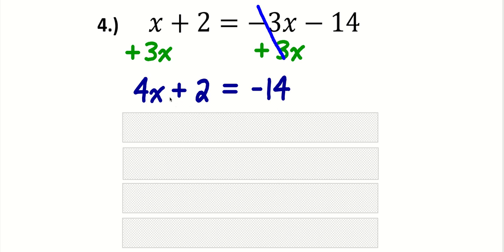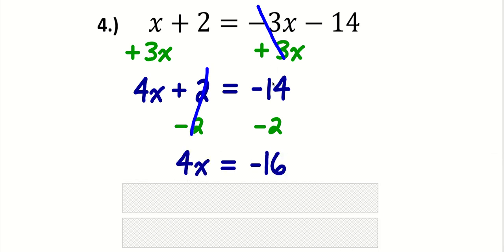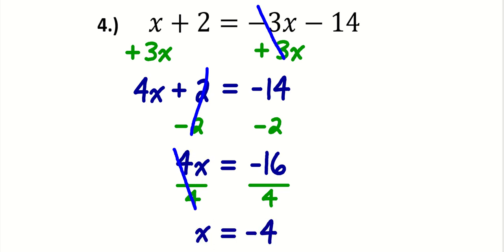And then once again, now you're just going to work on getting that x all by itself. Then negative 14 minus 2, that's minus 16. And then of course we're going to finish by dividing both sides by 4, because that leaves the x standing left over, and that's when you're done. So negative 16 divided by 4 is negative 4.